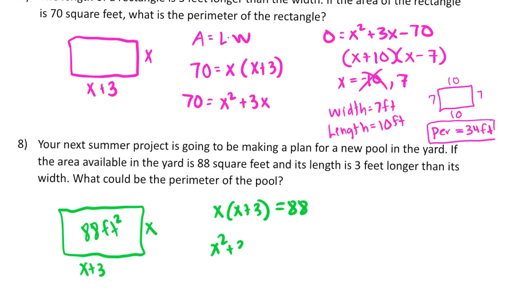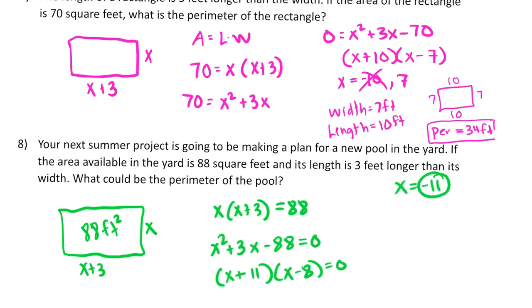So x squared plus 3x minus 88 equals 0. We're going to factor that into x plus 11, x minus 8. So we've got x equals negative 11, which does not work, or 8, which does.